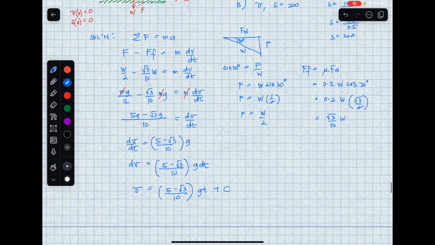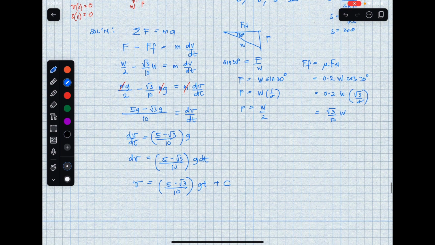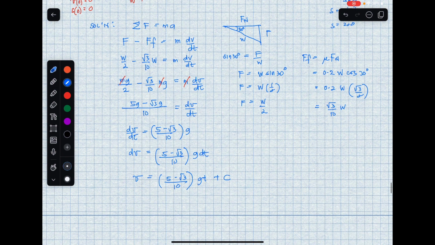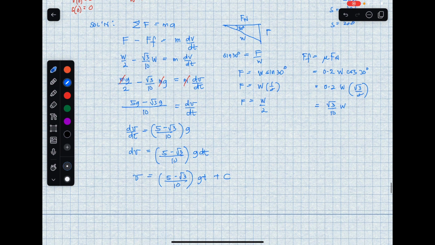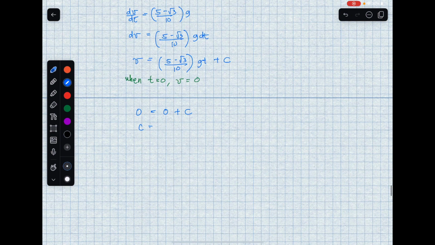To solve for c, when t is 0, v is 0, so c is equal to 0. It follows that v equals 5 minus square root of 3 over 10 times gt.